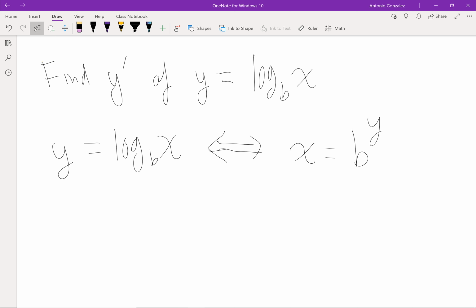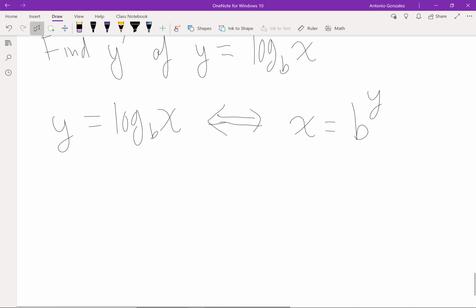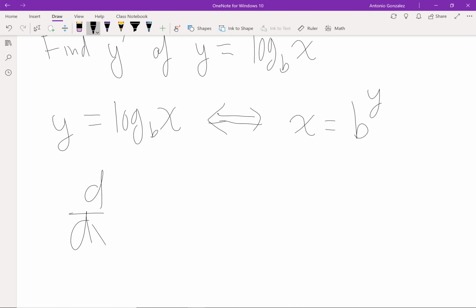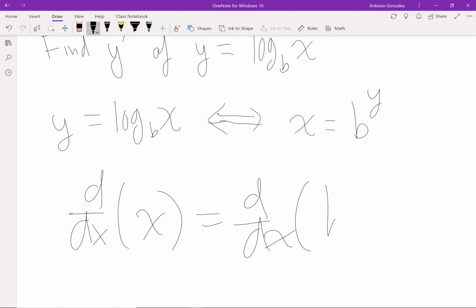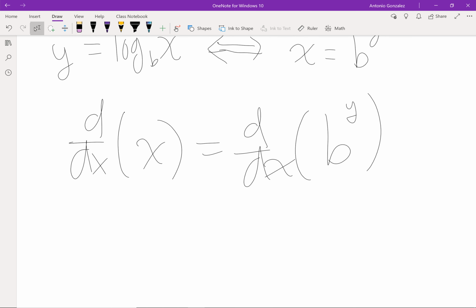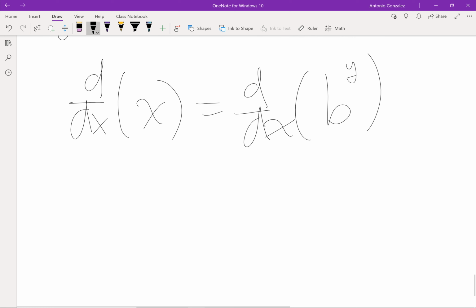Now let's take the derivative with respect to x of both sides. One thing to notice here is that y is a function of x, so we're going to use the chain rule along with implicit differentiation on the right-hand side. The left is easy, that's the independent variable x, so that is 1.